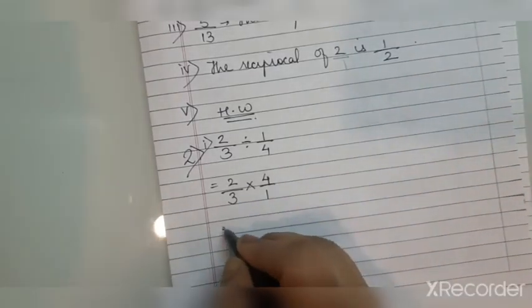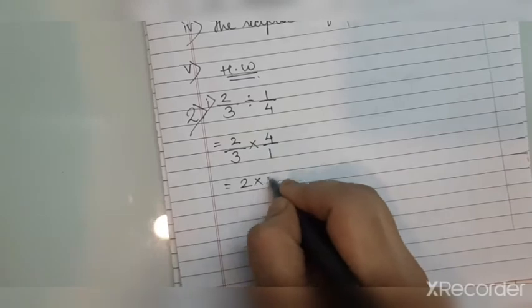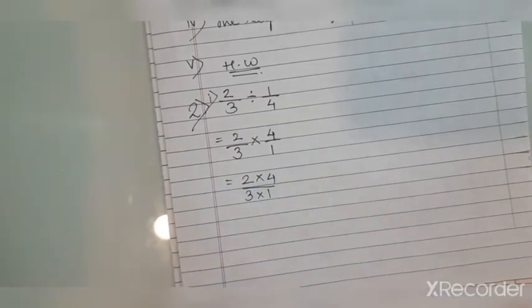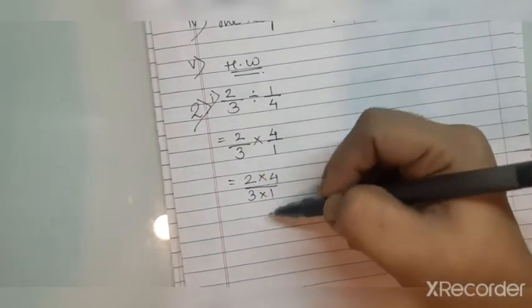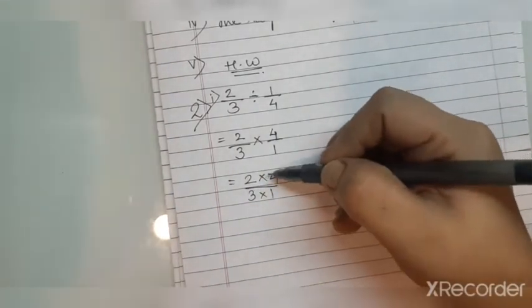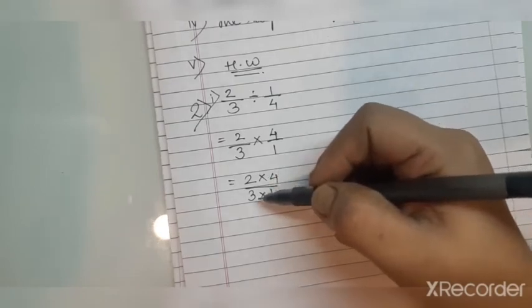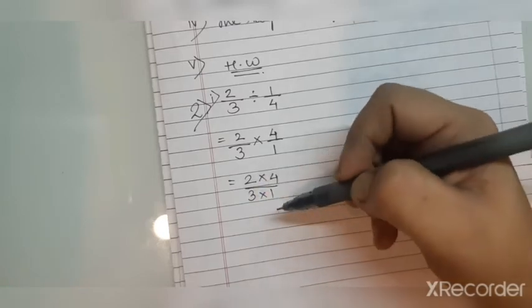Okay. Now the same method we followed, we have to do the multiplication of the numerators upon multiplication of the denominators. Before proceeding, we have to see whether we can reduce this by finding out if the numerator and the denominator have numbers which are multiples of the same number, or are in the same table.